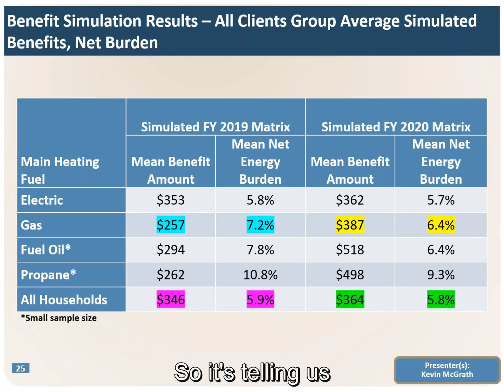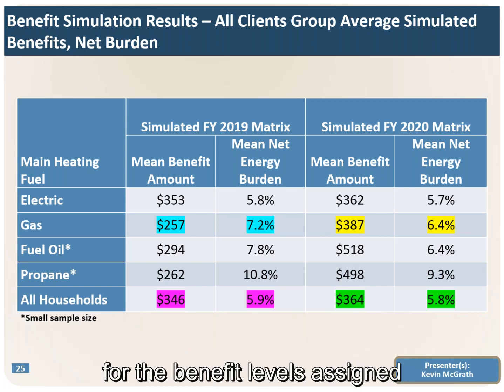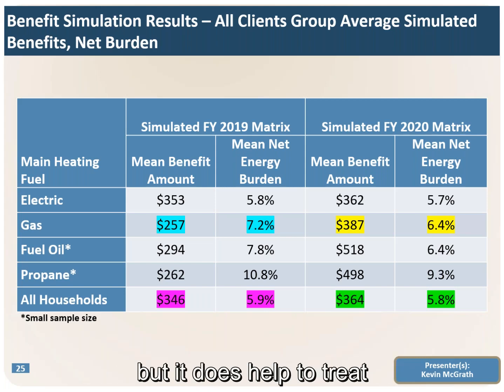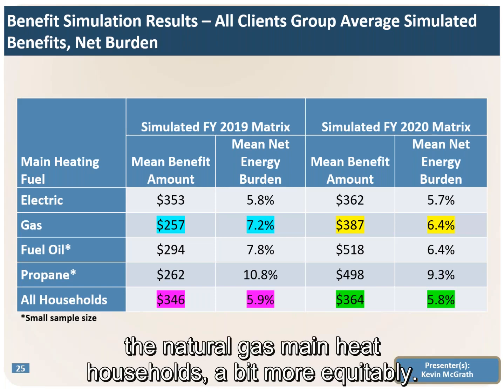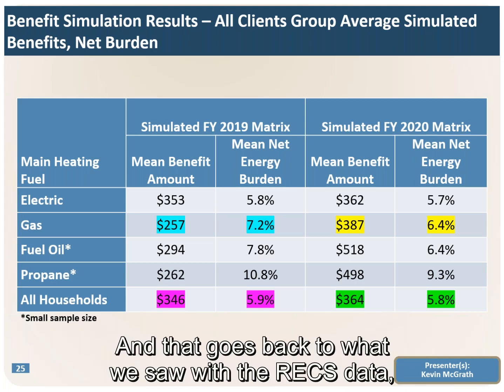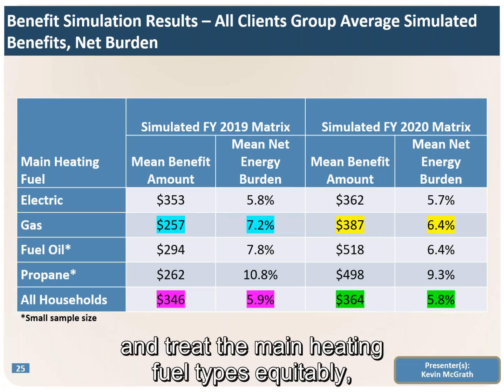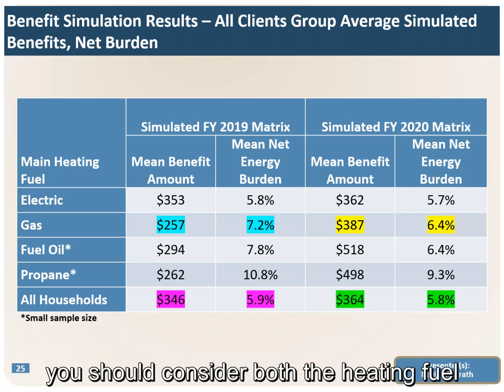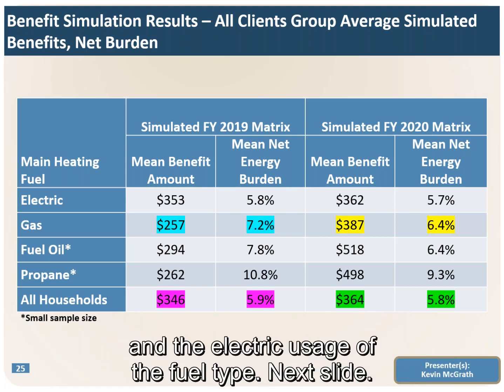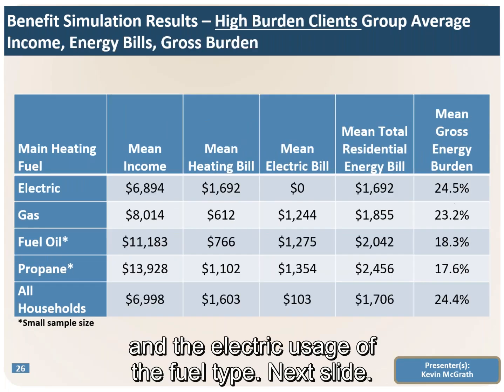So it's telling us that there wasn't very much change for the benefit levels assigned to electric main heat households, but it does help to treat the natural gas main heat households a bit more equitably. And that goes back to what we saw with the REX data, where if you want to do an apples to apples comparison and treat the main heating fuel types equitably, you should consider both the heating fuel and the electric usage of the fuel type. Next slide.